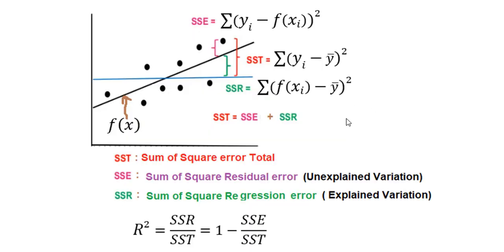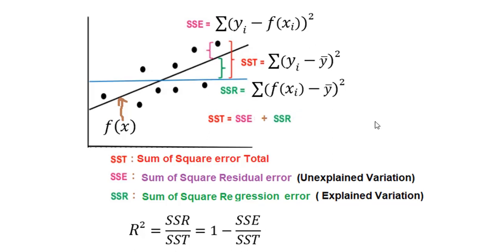Now we got 3 different exponential models by using different methods. Then we need to compare which one is the best fit. We have to use SSE this time. SSE is the sum of square residual error. That is an unexplained variation.